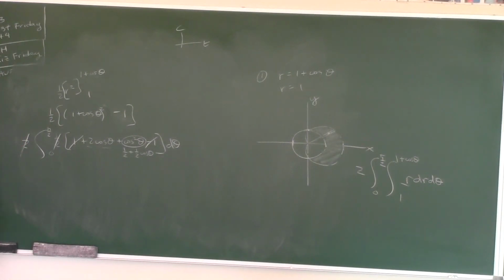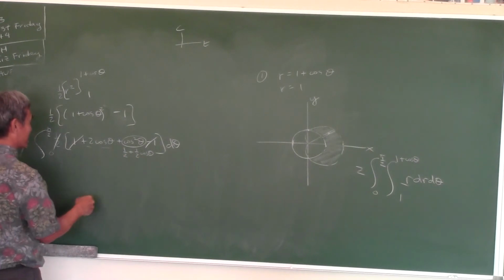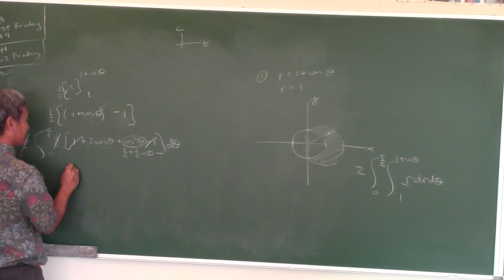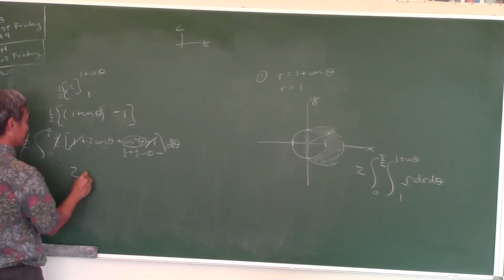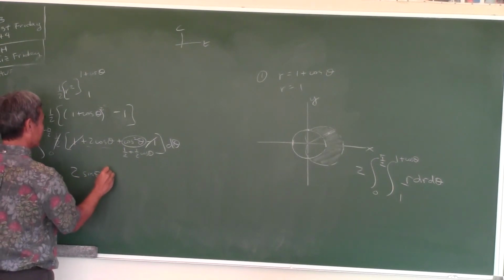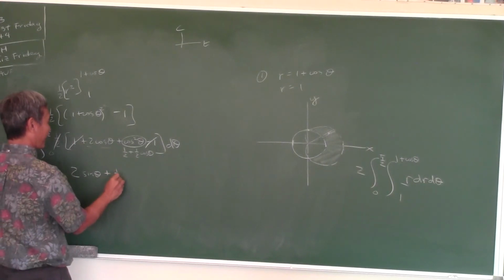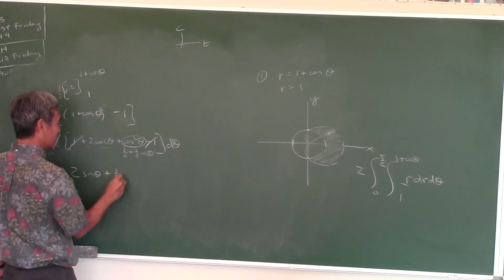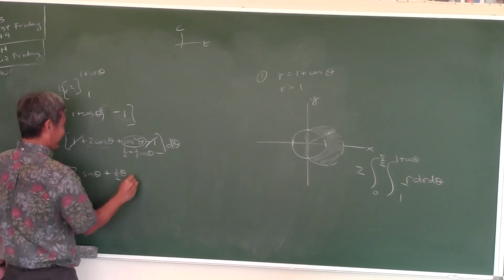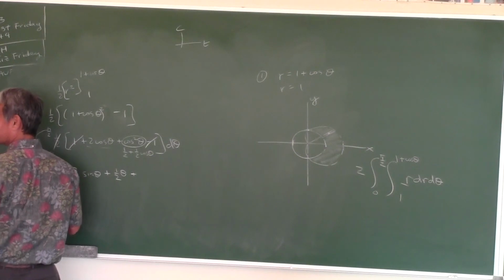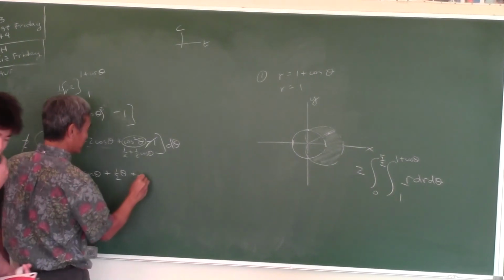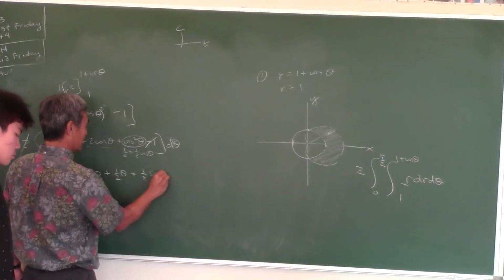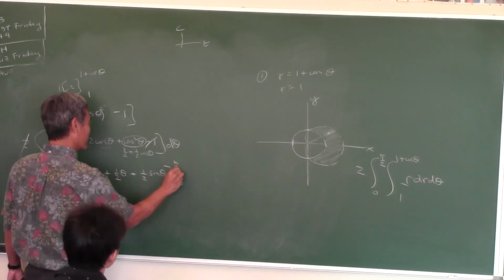So the antiderivative of this is 2 sine theta plus 1/2 theta plus, look at this one, 1/2 sine theta, from 0 to pi over 2.